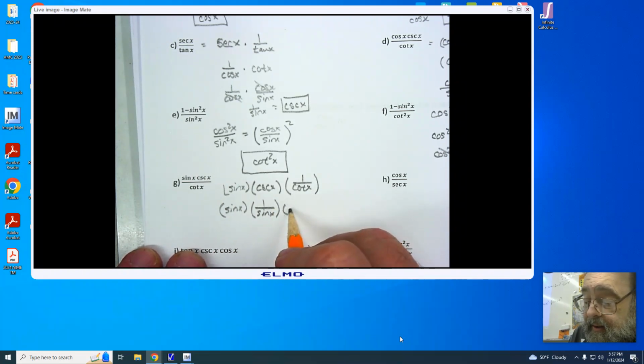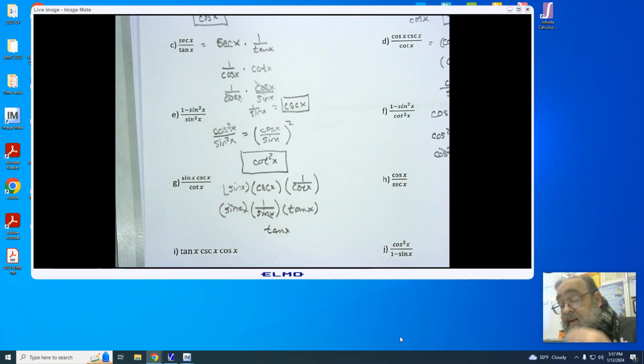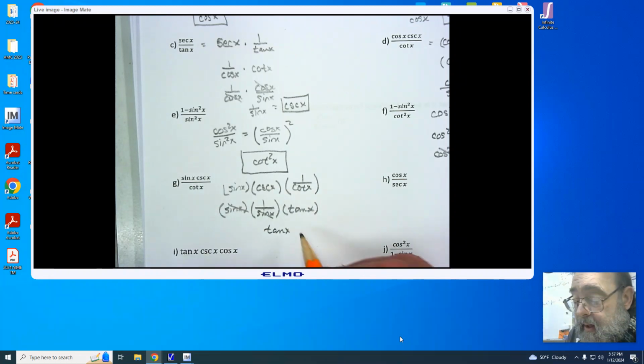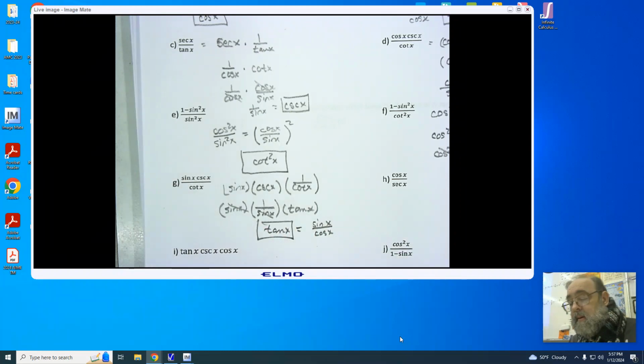This is really the tangent of x, and these will cancel, leaving me with just the tangent of x. Now, if they tell me to put it in terms of sine and cosine, I would go one step further and call it the sine of x divided by the cosine of x. But because they didn't, I'm going to leave it as the tangent of x. Once again, why make it simpler if we don't have to?